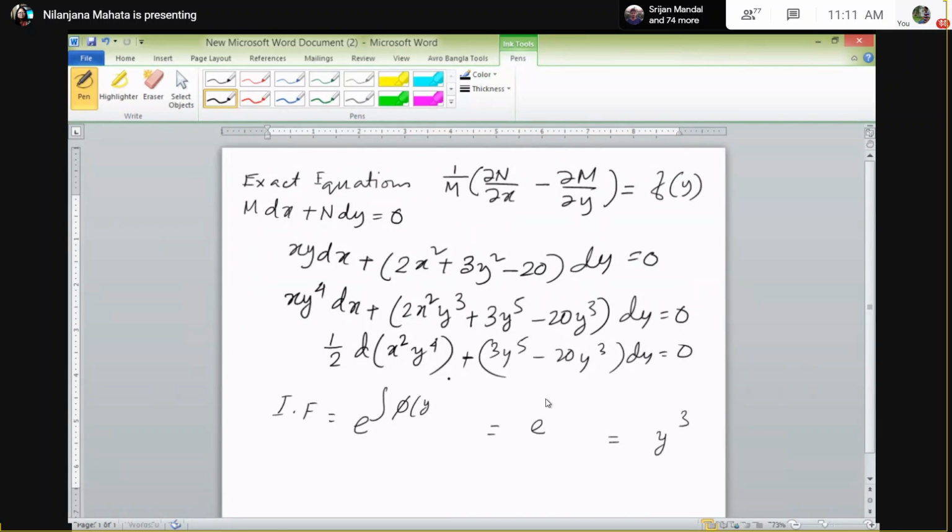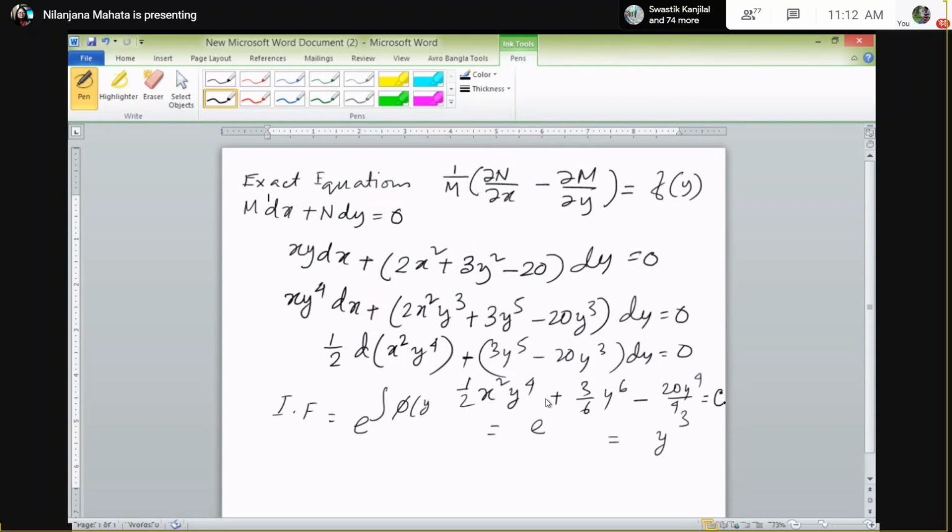So integrating, we will have x square y to the power 4 by 2 plus 3 y to the power 6 by 6 minus 20 y to the power 4 by 4 is equal to c.